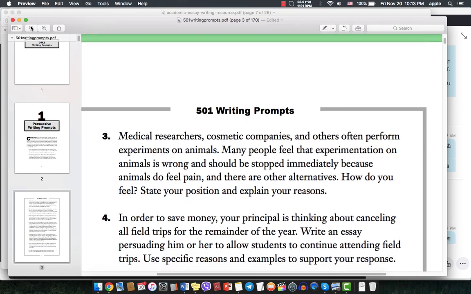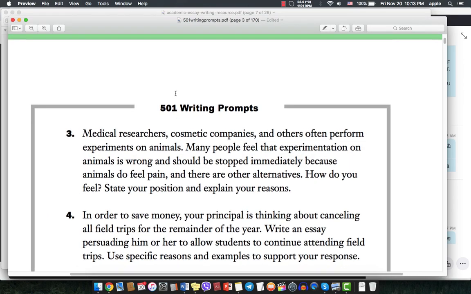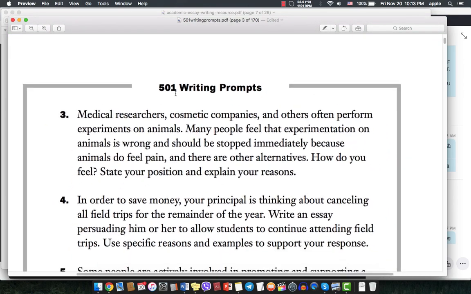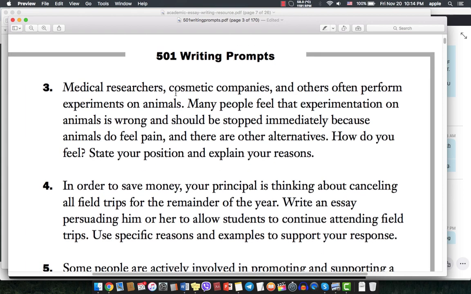So here we have this example, and you brought it to yourself, by the way, because you mentioned the medical handwriting. Medical researchers and cosmetic companies and others often perform experiments on animals.